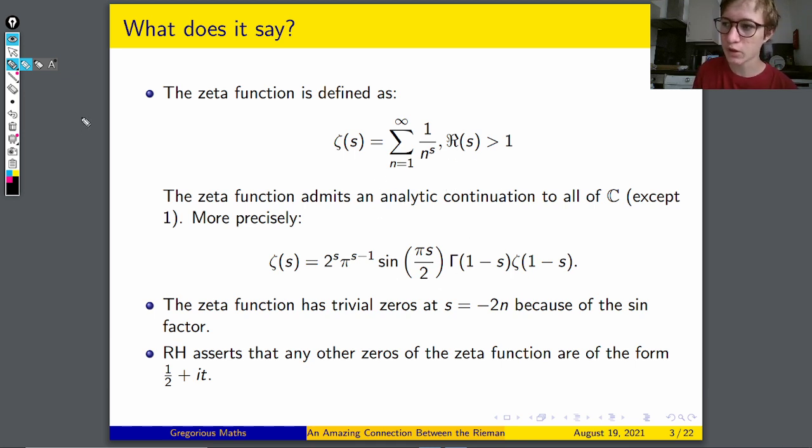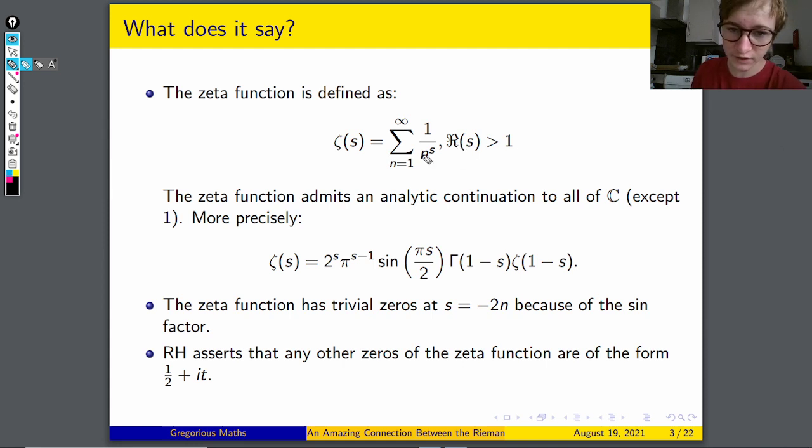Of course, you have the harmonic series, and you also have the Basel problem. Sums of this form are quite interesting, so why not just generalize it into a single function?